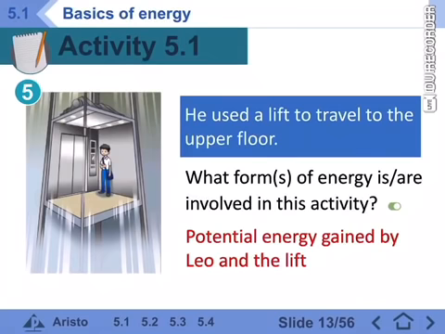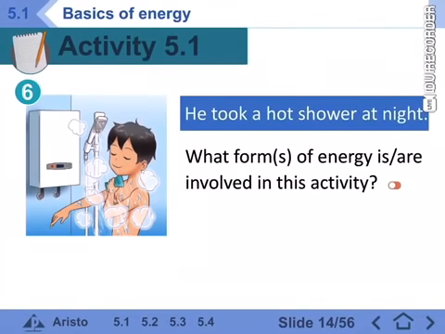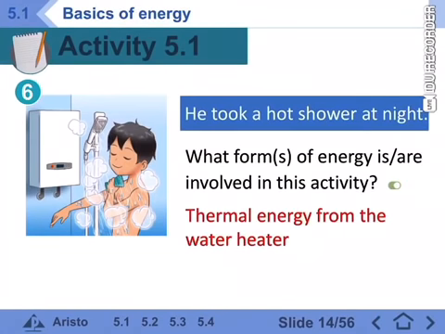The potential energy. So from the lower ground floor moving up to the floor he lives in, that's why there's potential energy involved. And number 6, when he takes a shower, the thermal energy is being consumed as it heats the water up in the water heater.